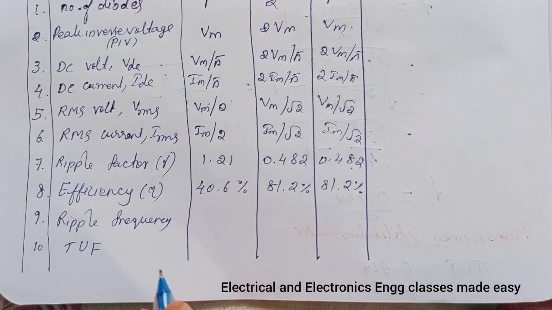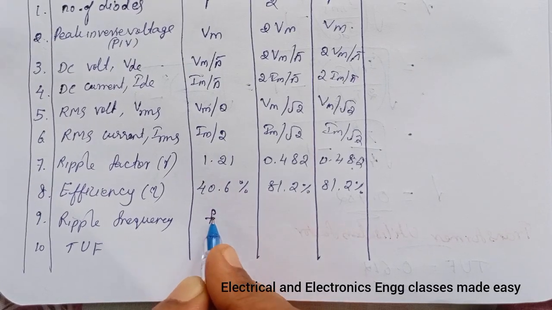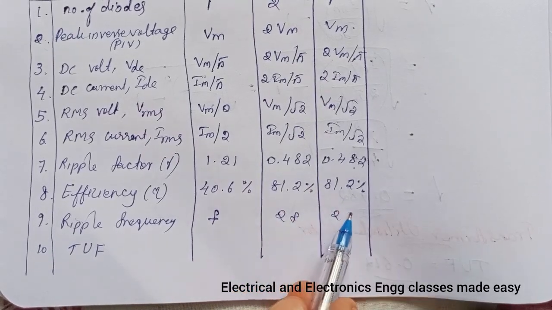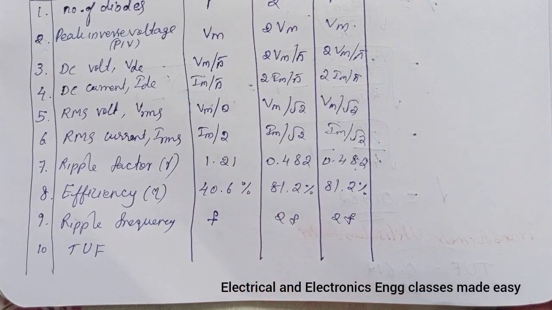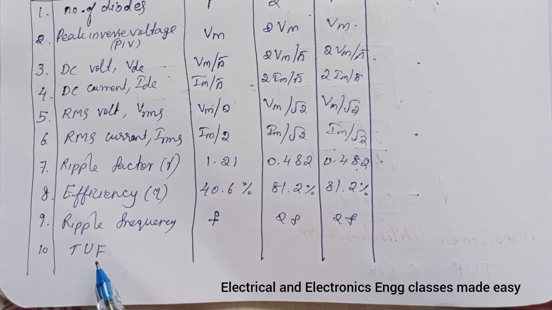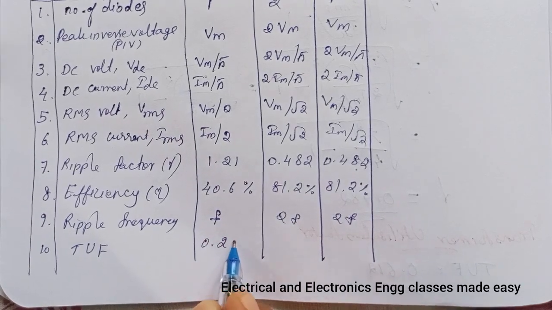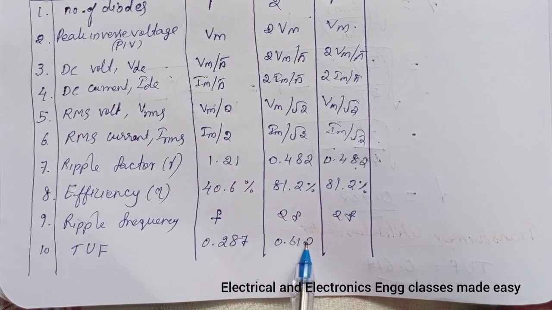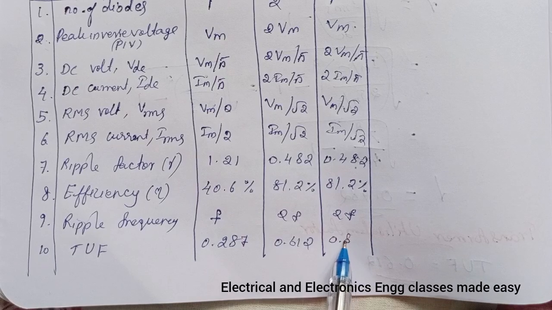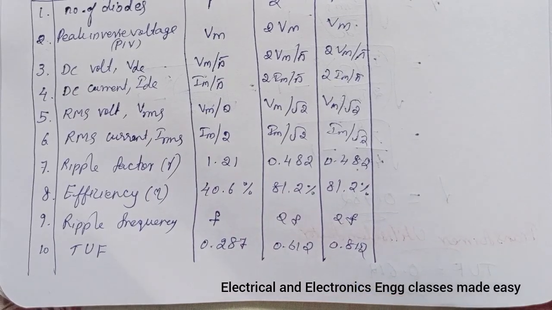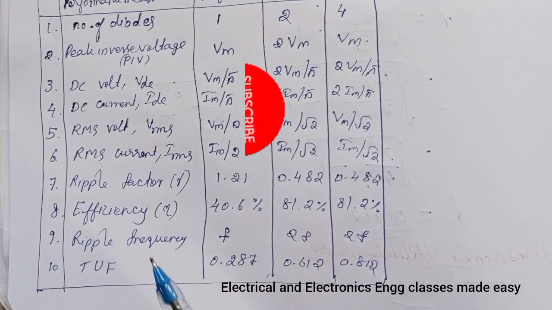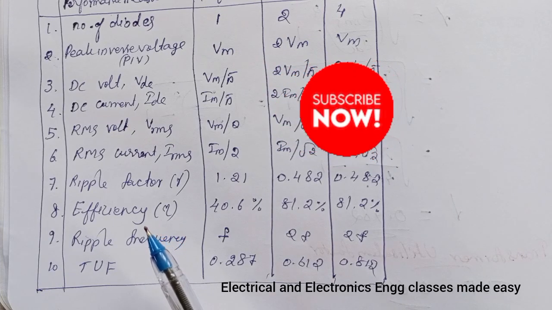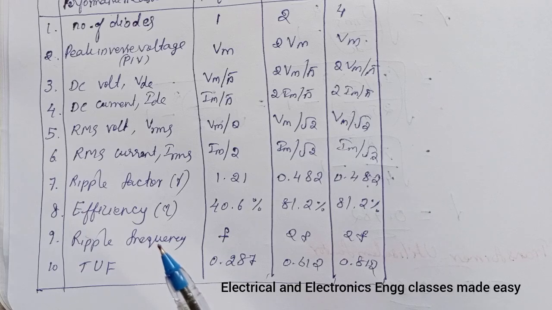Then ripple frequency is F for half wave, then 2F for both full wave and bridge rectifier. Then transformer utilization factor is 0.287 for half wave, here 0.612, then here 0.812. So that is about the full wave rectifiers, that is center tapped full wave rectifier and bridge rectifier circuits.